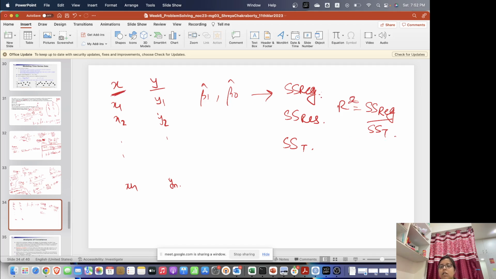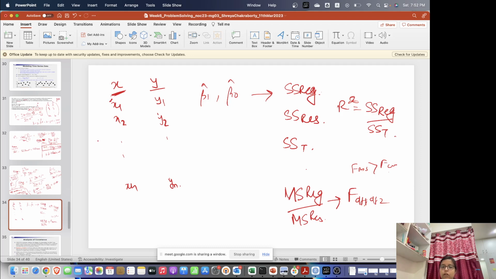For that we can also construct a table, which will follow similar to an ANOVA table. If we do MS regression by MS residuals, that will be an F test based on the corresponding degrees of freedom. If the F observed is greater than the F cutoff, we reject the null and say that yes, x variable is significant.